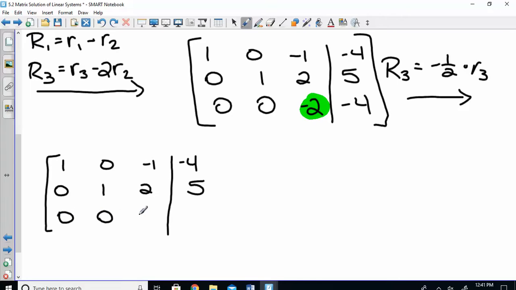And 0 times a negative 1/2 is still 0. Negative 2 times negative 1/2 is 1. Negative 4 times negative 1/2 is positive 2.